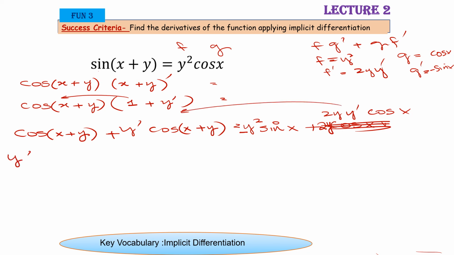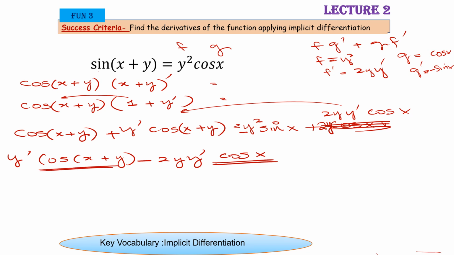I will write here y prime cosine x plus y, then minus 2y prime, and then cosine x. Remember that the cosine x and here cosine x plus y cannot be added or subtracted because they have different angles. Equals to negative y square sine x is already on the right hand side. Bring the cosine x plus y also on other side.